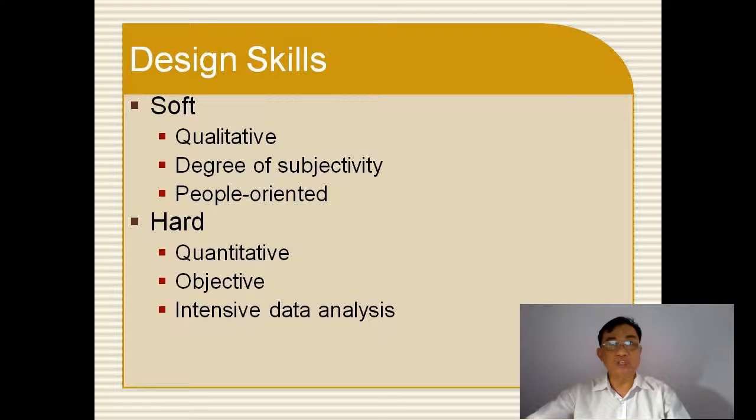Now let me go to the skills and techniques for designing a database. You should have soft skill and hard skill. In soft skill for information content, you have qualitative thinking and search for feasible alternatives. You have interpretation of rules, which can be substantive, with a degree of subjectivity, or people-oriented.